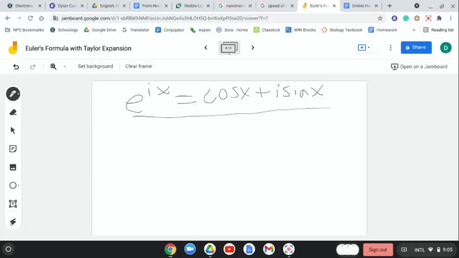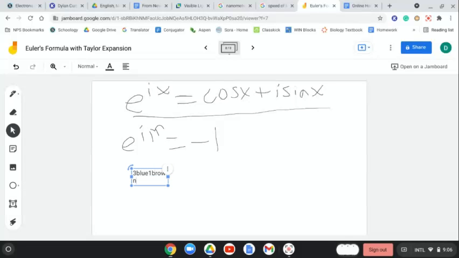I want to preface this by saying if you don't know what Taylor expansion is and you're trying to watch this video to understand the conceptual reasoning as to why this formula works, this is not the video for you. There are a lot of other cool videos about why e to the ix equals cosine of x plus i sine of x, or if you're particularly curious about why e to the i pi equals -1, I encourage going to, I'll write it up here, 3Blue1Brown's channel.